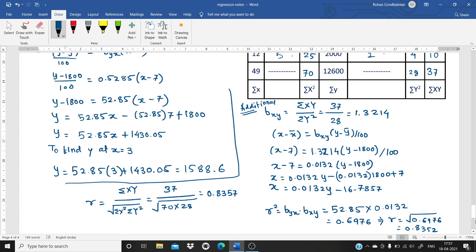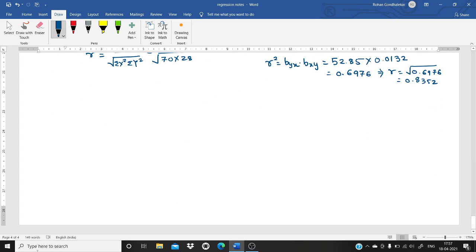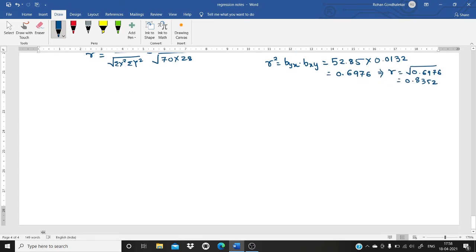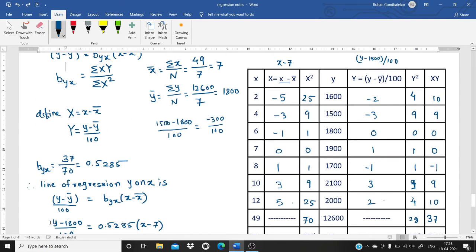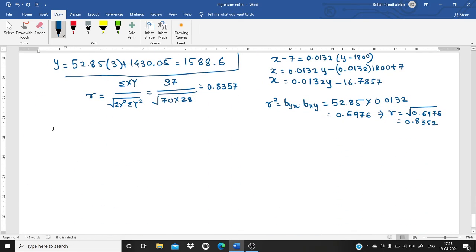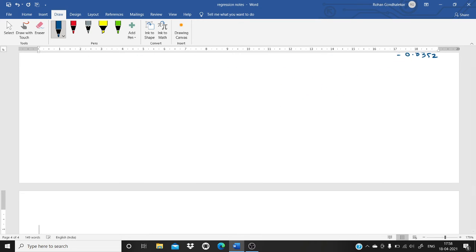Well, we now move to the next example, which is frequently asked in the examination. So that type of example is to be discussed.